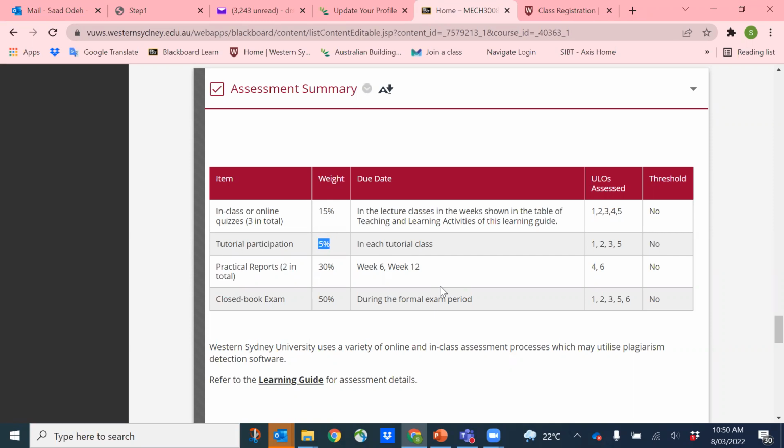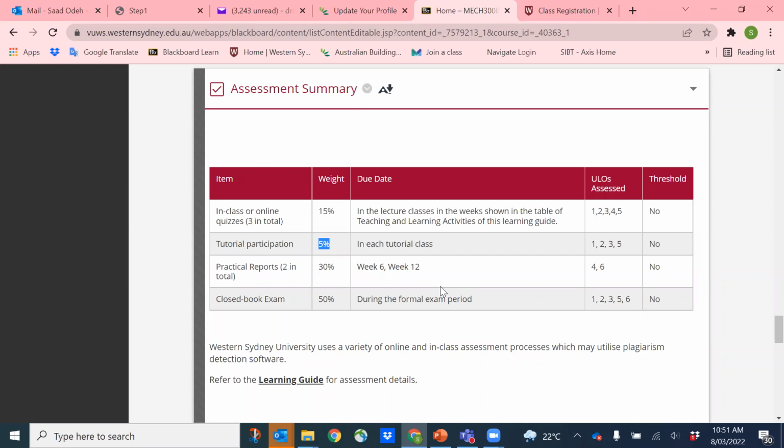If you attend the practical and then submit the report the week after, you will get something out of that 30%, maybe about 20, 25. It depends on the way that you present your report. But it's a big weight. So with the practicals and then the final exam, 50%.